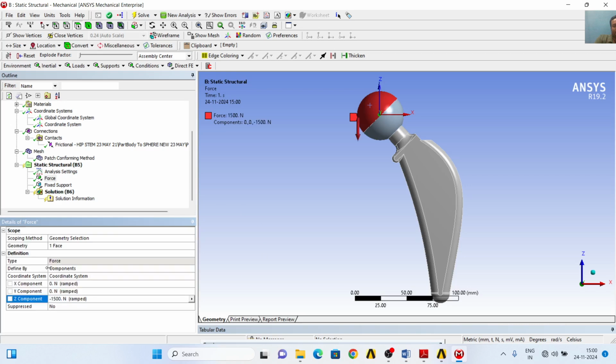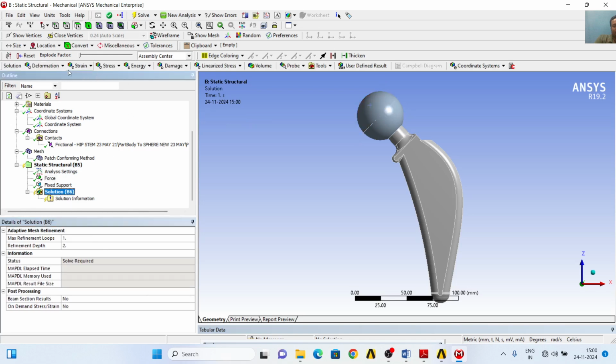I am randomly taking the forces. You can refer to papers for a better or more accurate analysis. I am taking a random force of 1500 newtons here.